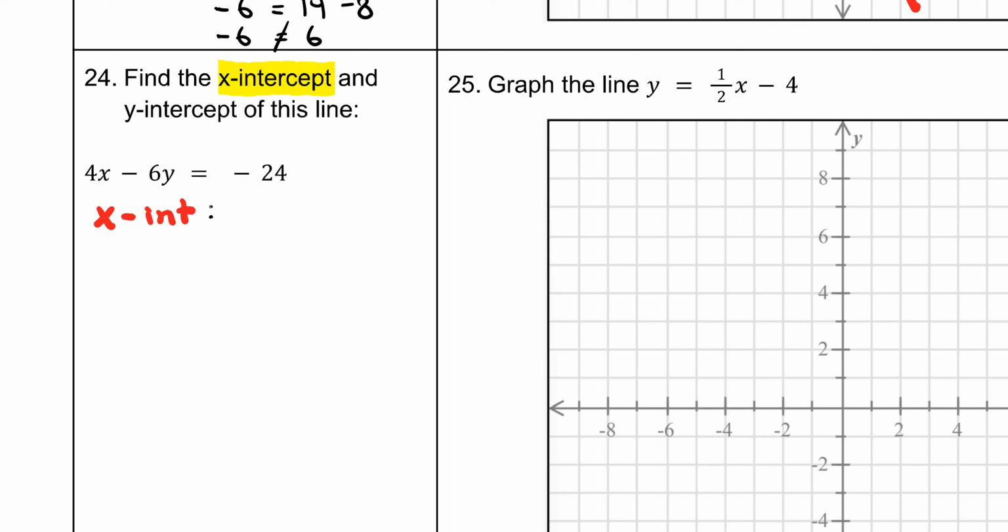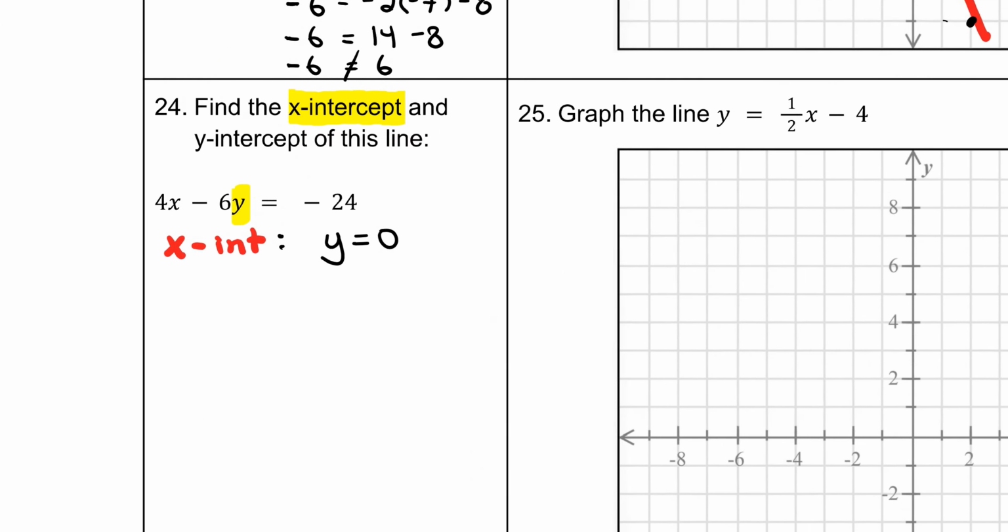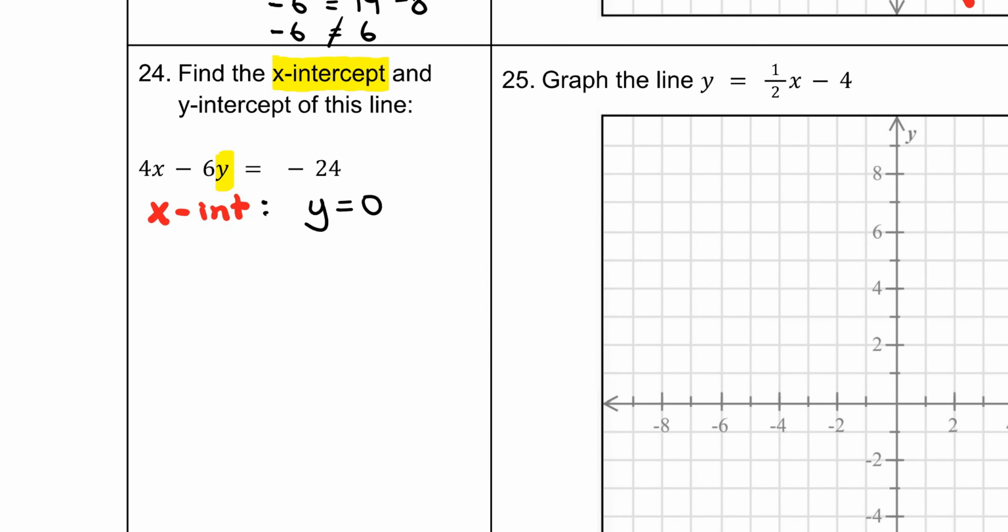the trick here is you just set y equal to 0. When you see a y value there, you just set that y value to 0, because we mentioned over here that the y value is always 0 when you have an x-intercept. So when we do that, we get 4x minus 6 times 0 equals negative 24.